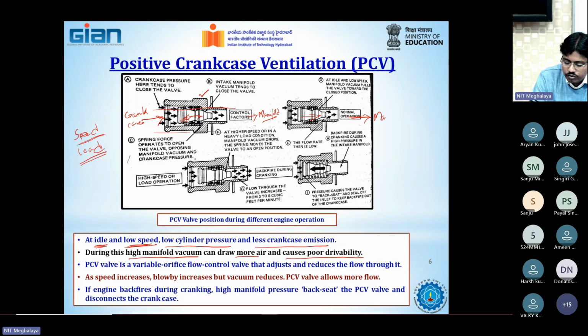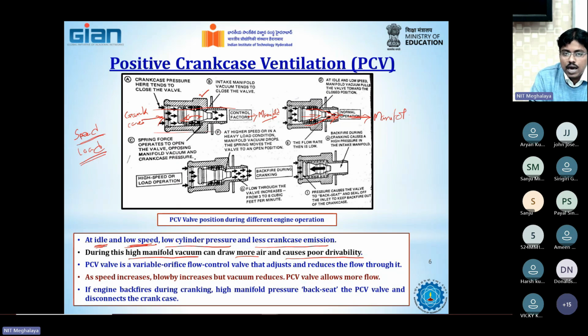This partially closes, not fully closes, the passage between the bob and the manifold, and a small quantity of blow-by is allowed to pass through this valve and go to the intake manifold. So one condition is, just think that there is no bob, so what will happen?